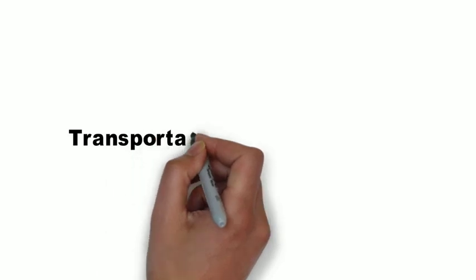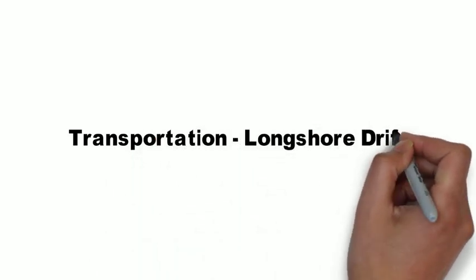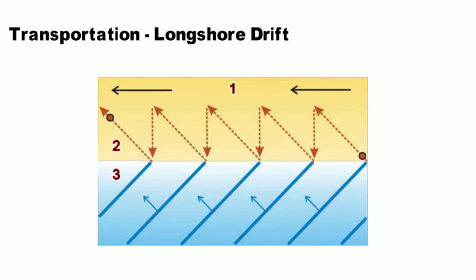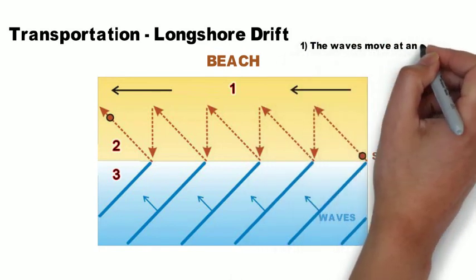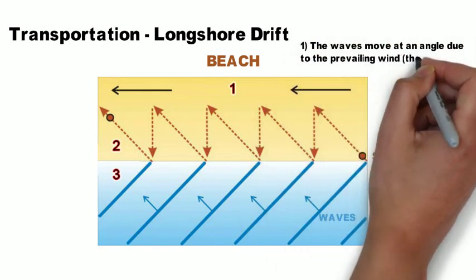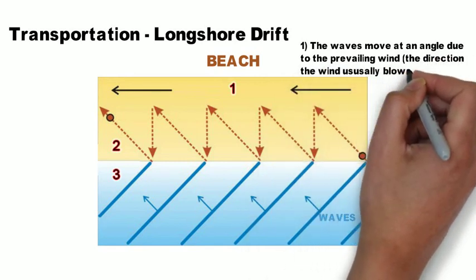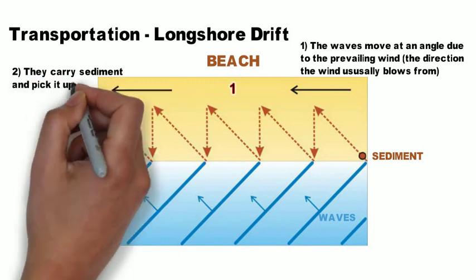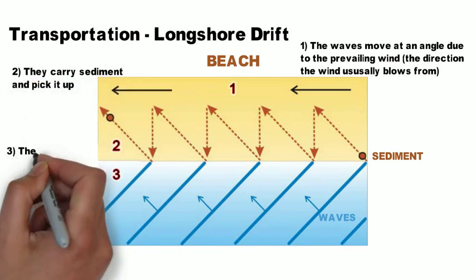An example of a transportation process is longshore drift. The process is as follows. 1. The waves move at an angle due to the prevailing winds. 2. They carry sediment and pick it up. 3.